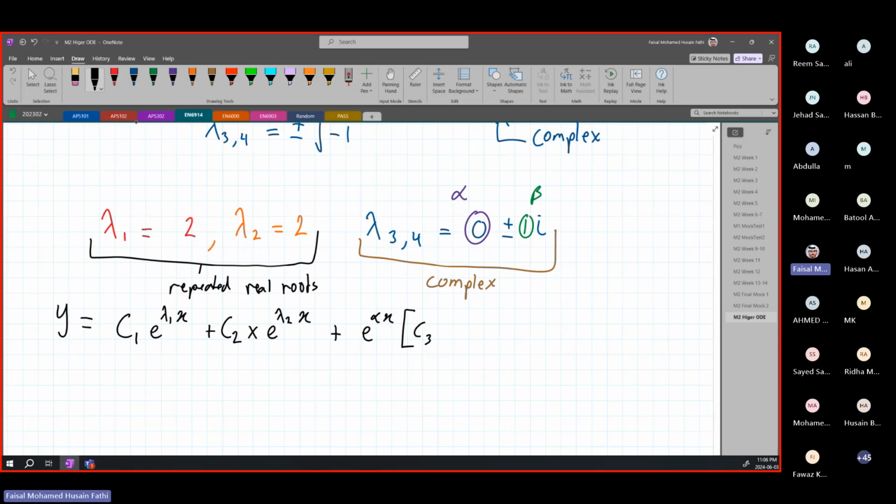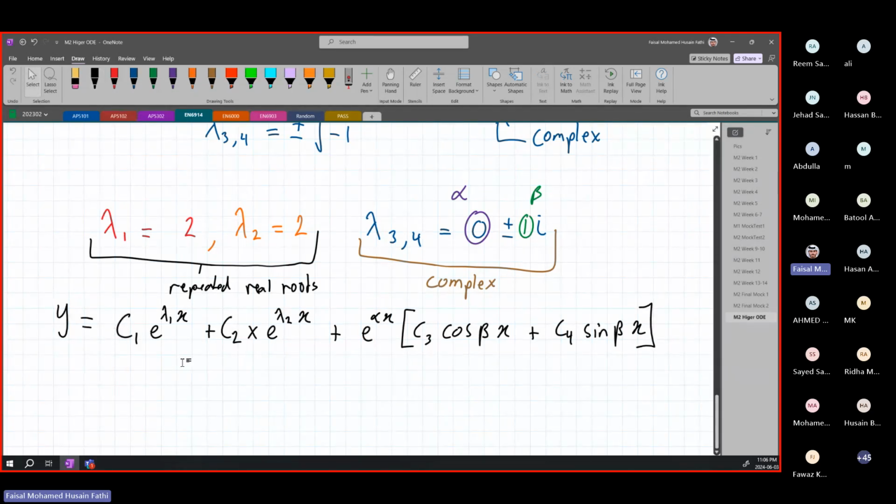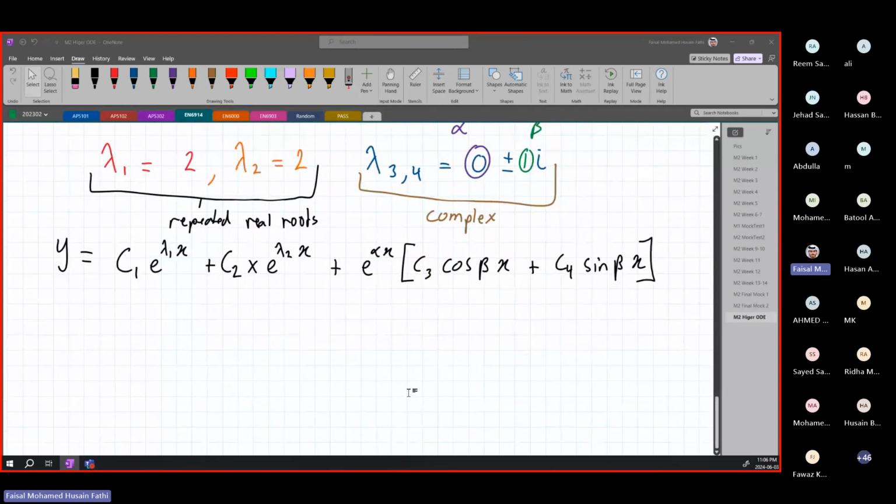This is going to become C3 cosine of beta x, or actually we'll just keep it as beta for now, plus C4 sine beta x. Again, C1 is for the first term, C2 is for the next term, whatever type it is. And then after that, you're going to have a new constant, you name C3, and then another new constant, you name C4. It doesn't matter how they're numbered as long as they're not the same. You go in order.